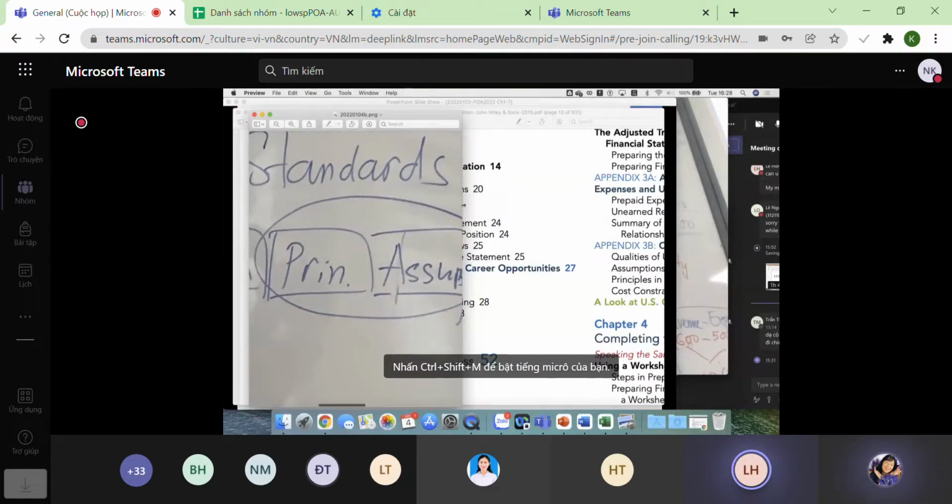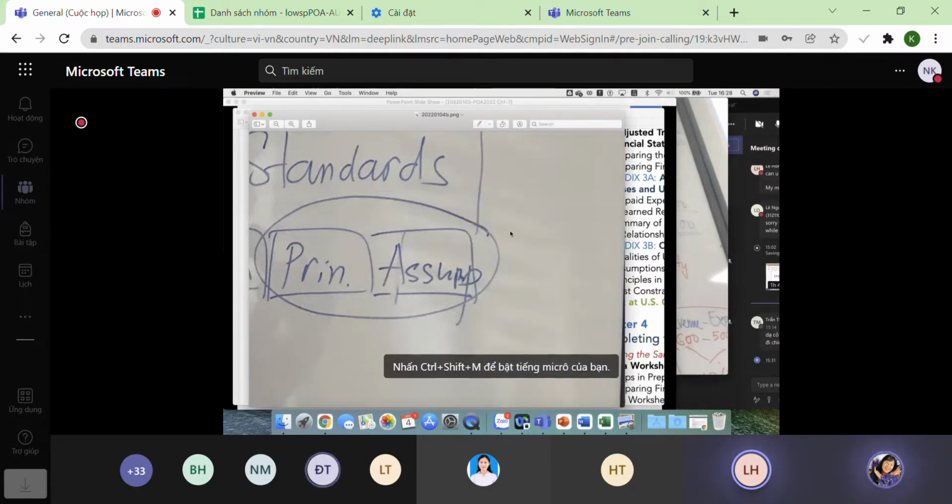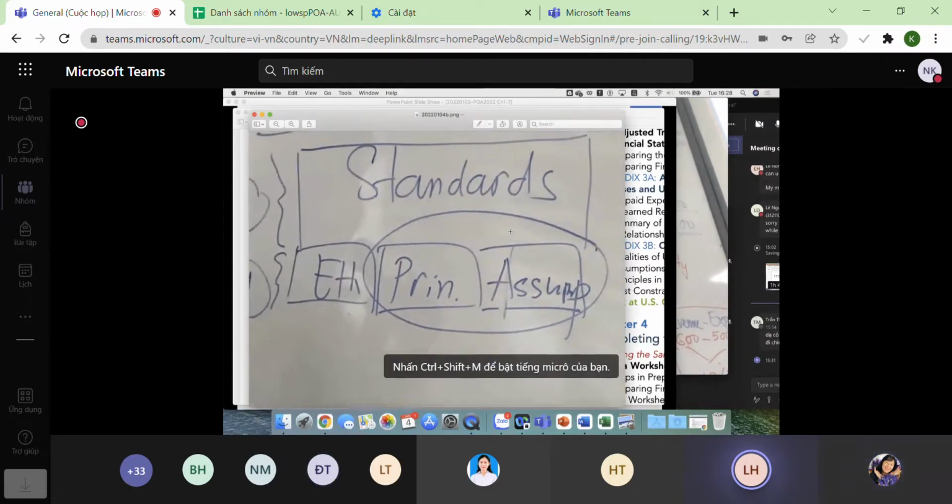So based on principles, assumptions, and ethics, the three blocks of accounting, they built up the standards.